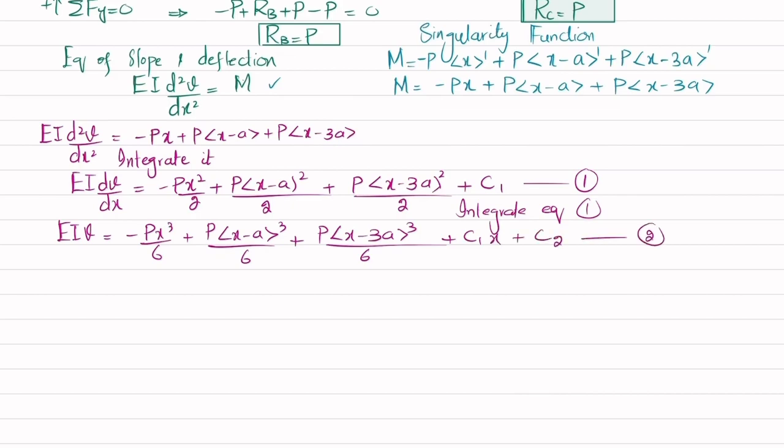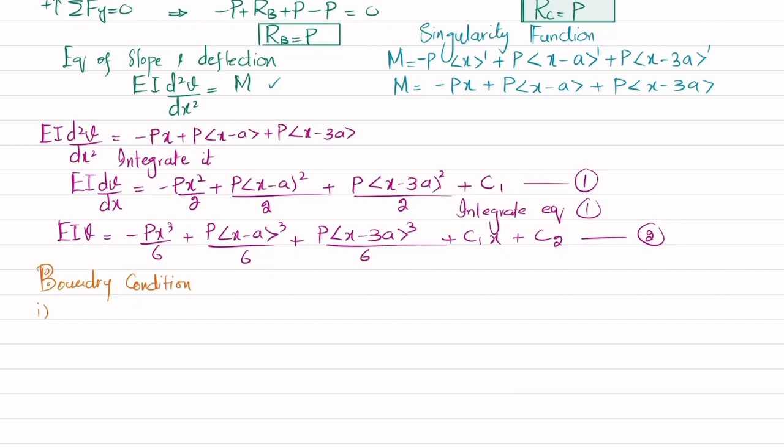This is your equation number 2. Now you can see C1 and C2 are unknown constants of integration. So we will find C1 and C2 by using boundary conditions.